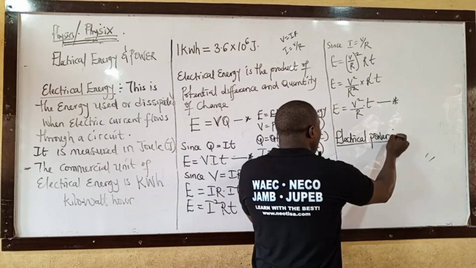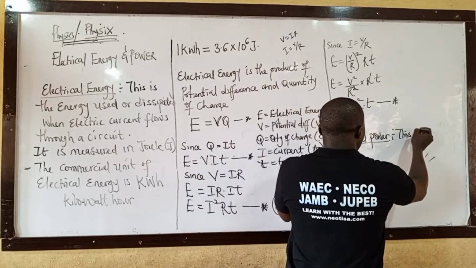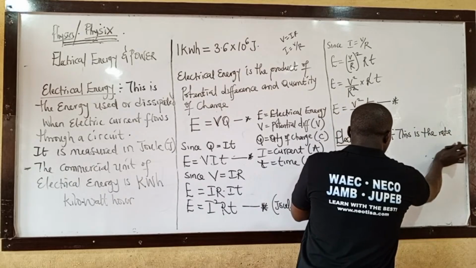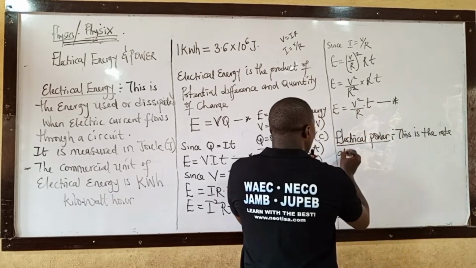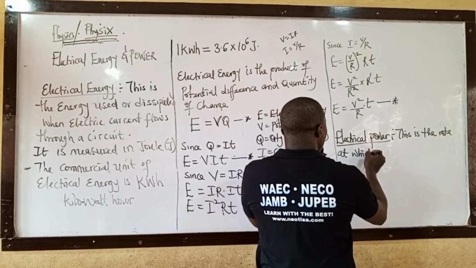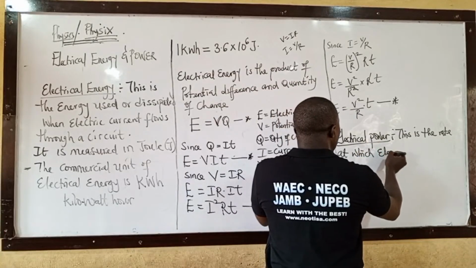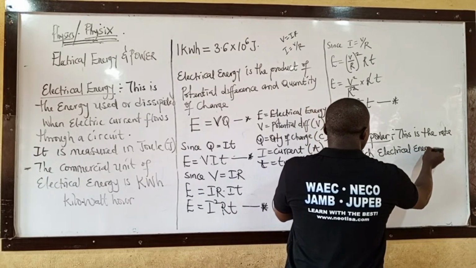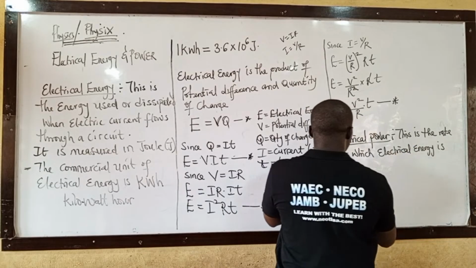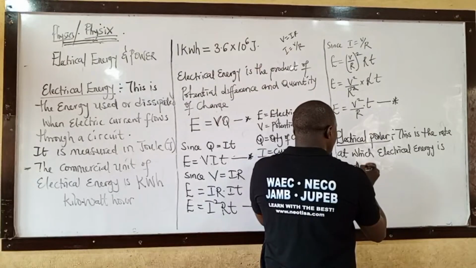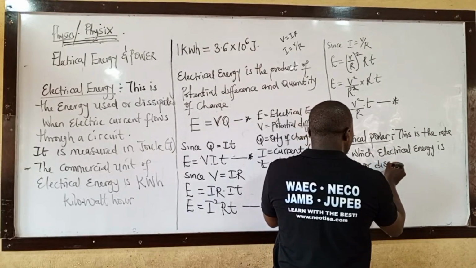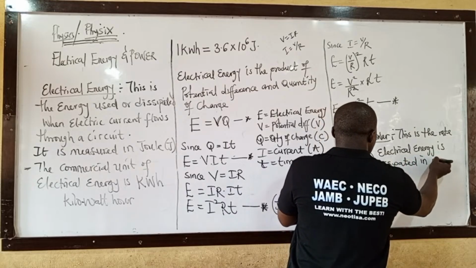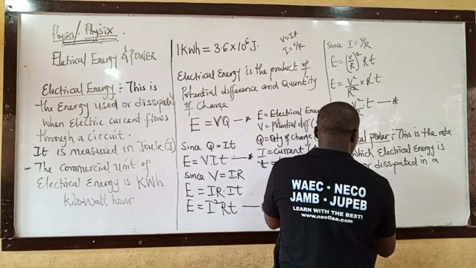This is the rate at which electrical energy is used or dissipated in a circuit.